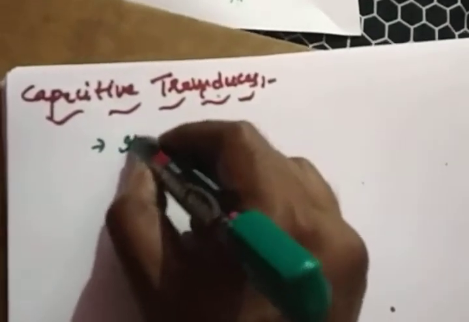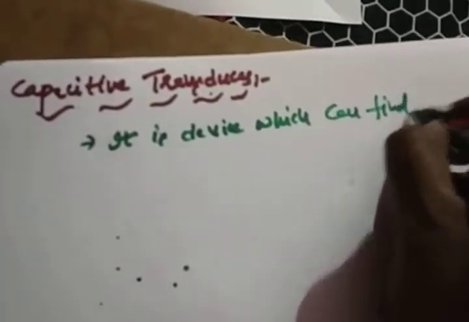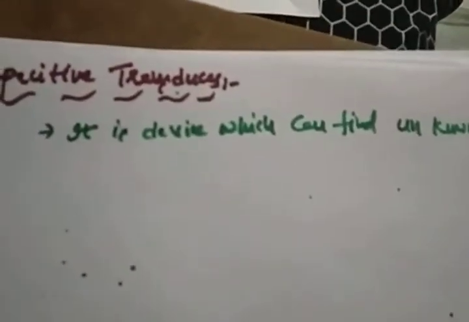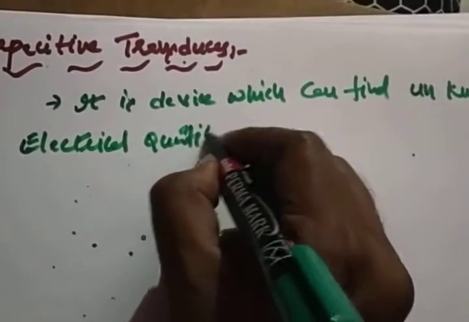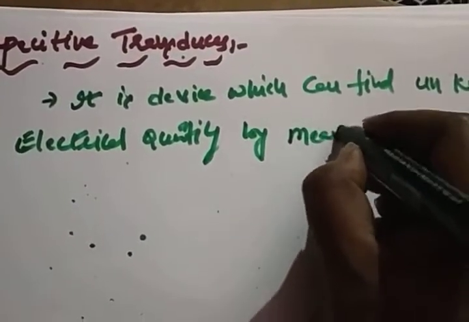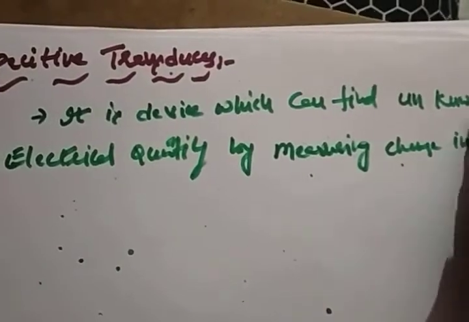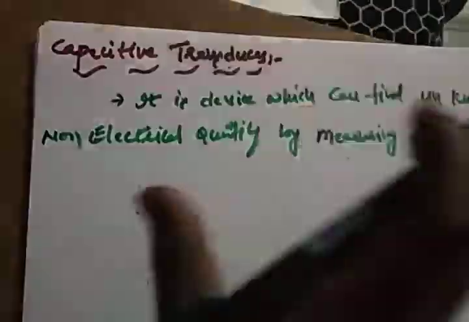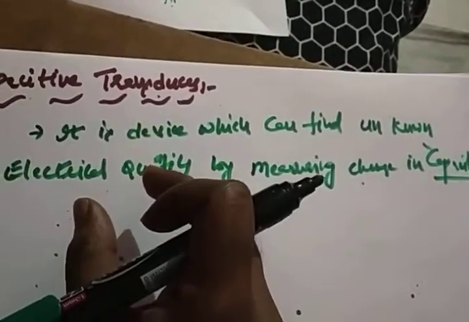It is a device which can find an unknown non-electrical quantity by measuring the change in capacitance. So this type of device we can call a capacitive transducer.